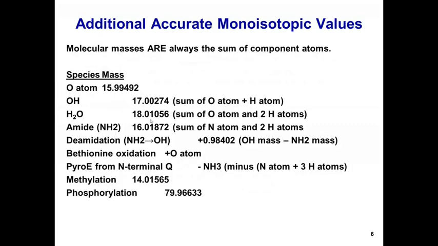On the other hand, when adding or calculating masses for organic molecules, molecular masses are always the sum of the component atoms, and therefore if I know the masses of the individual atoms, I can calculate amino acid masses or mass changes resulting from deamination and so forth, as indicated here.